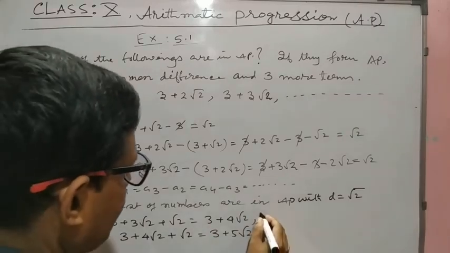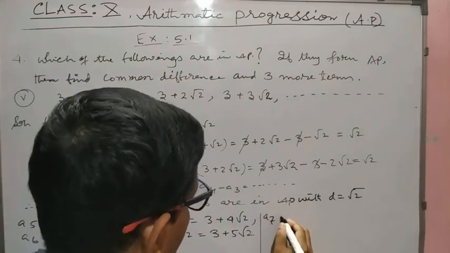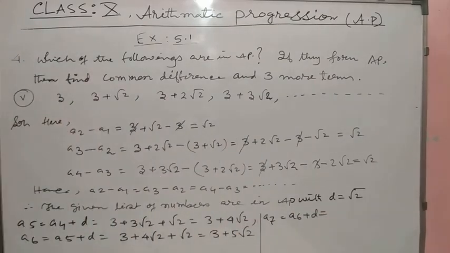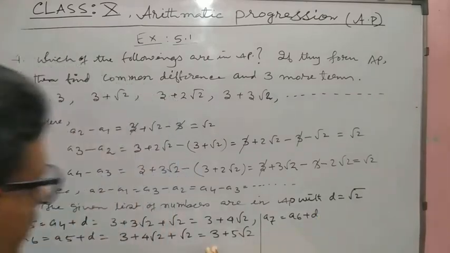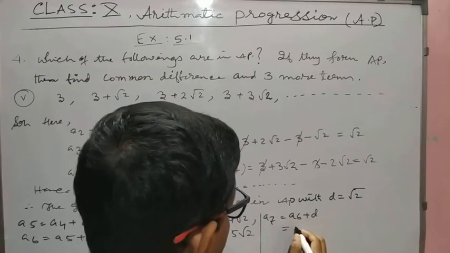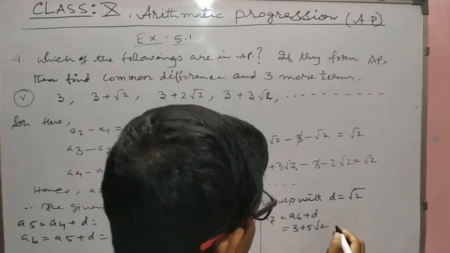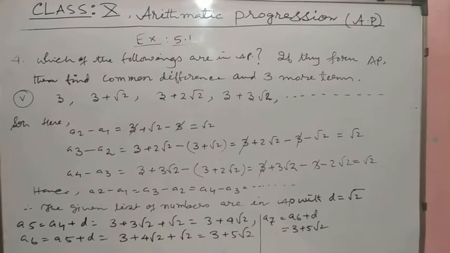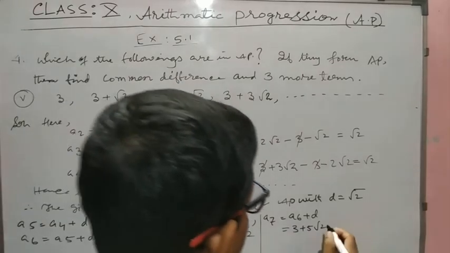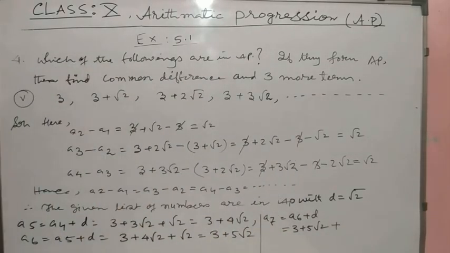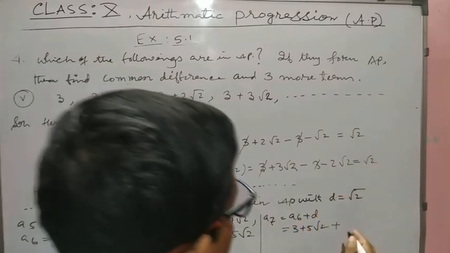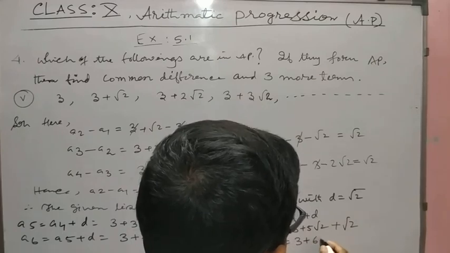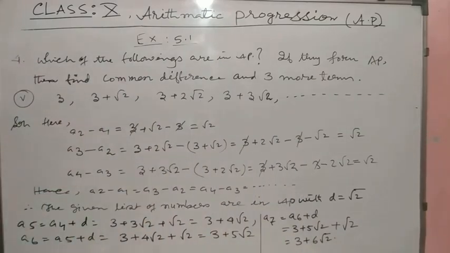Then A7 equal to A6 plus D. A6 means 3 plus 5 root 2, plus D. D means root 2. So it will be 3 plus 6 root 2.